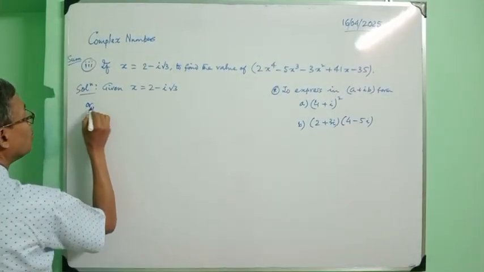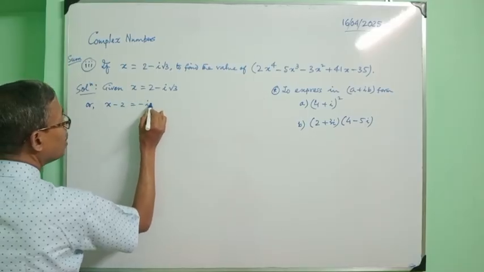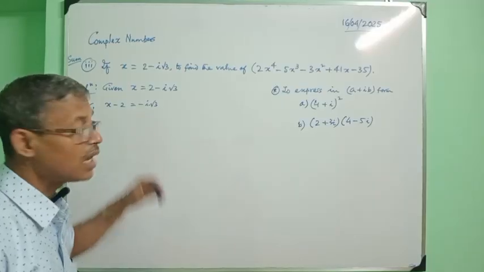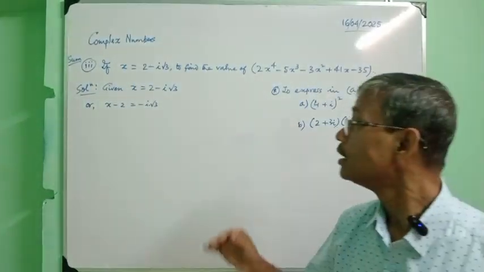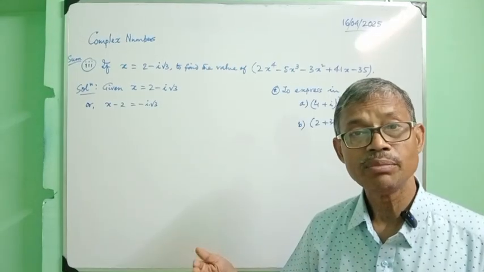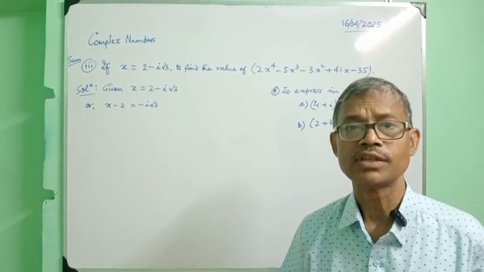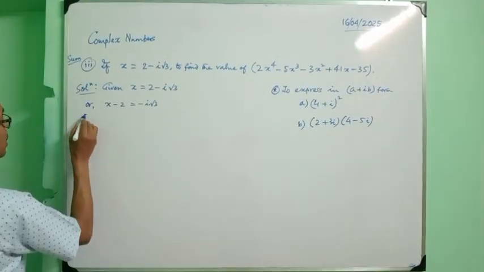or x minus 2 is equal to minus i root 3. Now since there is i, if I square, in the result there will be i square. That means in place of i square I can put the value minus 1. That is why we square both sides.